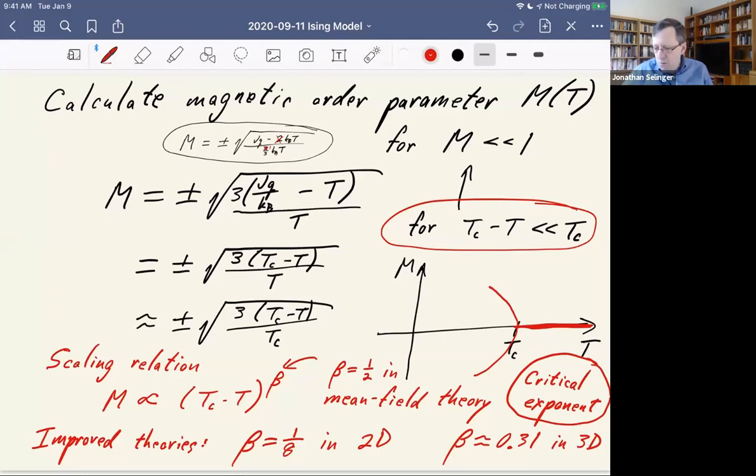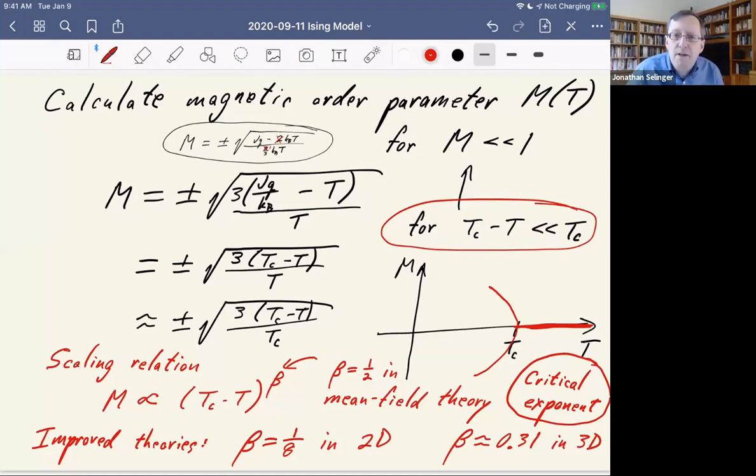And now I've shown you one example, that beta is one exponent that describes what happens close to this special point. And so we get some information about it from mean field theory, and there are improvements that people can do that's better than that. But mean field theory is a good start. It certainly shows us that there is a critical point and that there are exponents that describe what happens there.